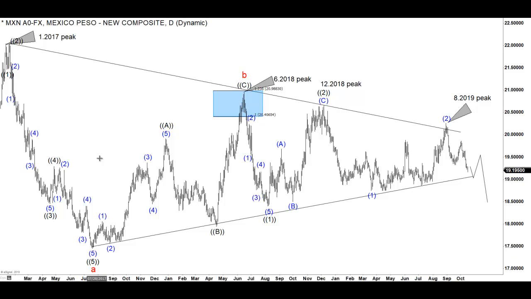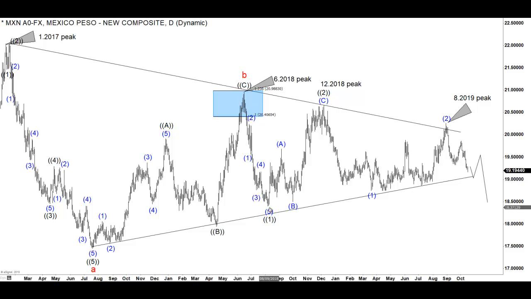Since then, in this multi-year consolidation that started from the July 2017 peak, the peso did 3 weeks back to this blue box and then reacted again in a very strong manner. Since then, the range has been getting tighter and tighter and tighter, and it can give the impression of a triangle.